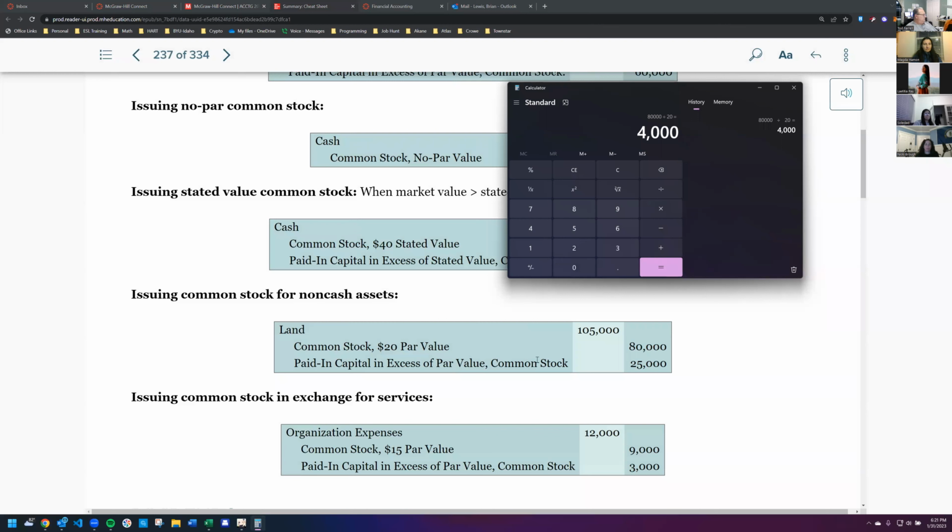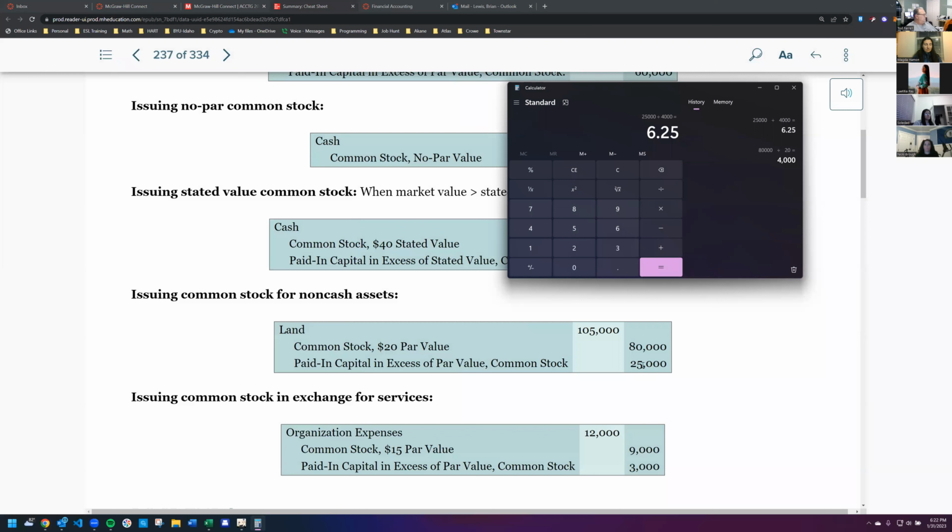Now, the amount above and beyond the par value, I don't necessarily know, but if I wanted to run an average value above and beyond the par value, then I use the same 4,000 shares. I take $25,000 here, divided by 4,000, and I know that the average price above par value for the stock is about $6.25 over par value.